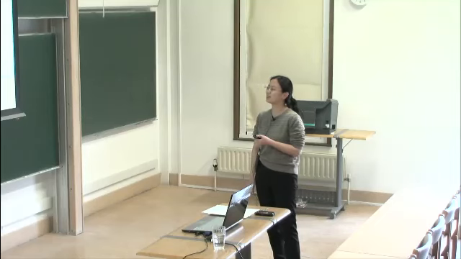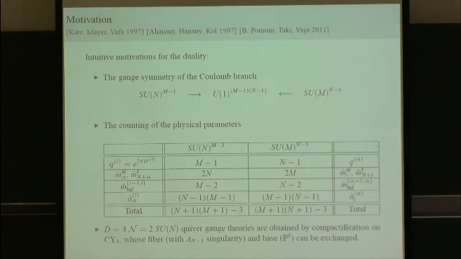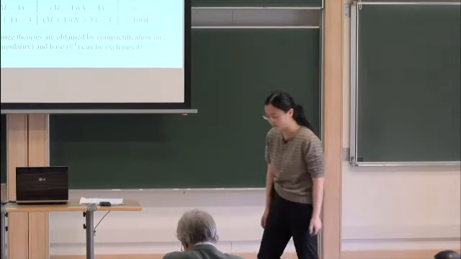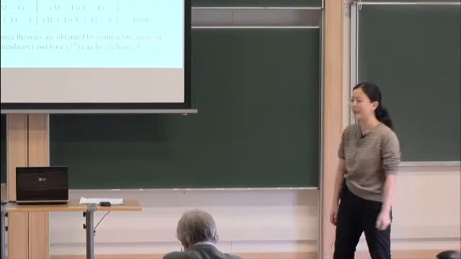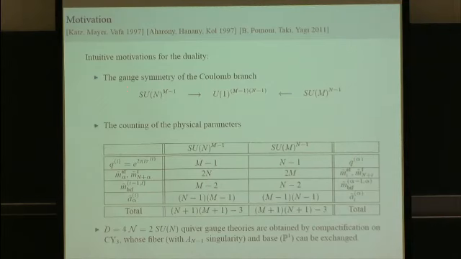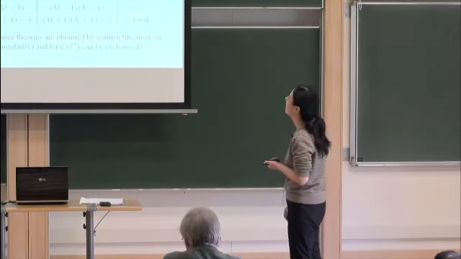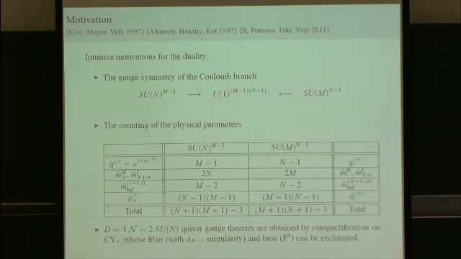The first time this duality was mentioned was in the Katz, Mayr and Vafa paper, where they didn't talk about this duality in the context of a brane setup, but in the context of a Calabi-Yau compactification. In order to get this gauge theory, you need to compactify on a toric Calabi-Yau in order to get the SU(N) gauge group.